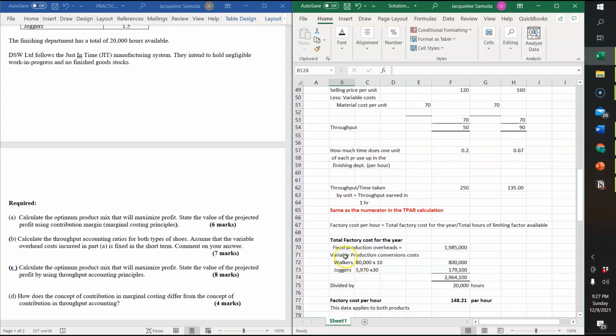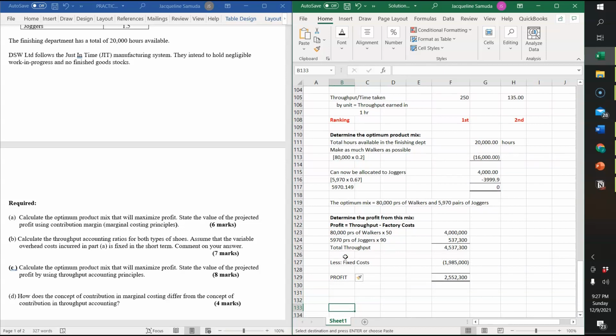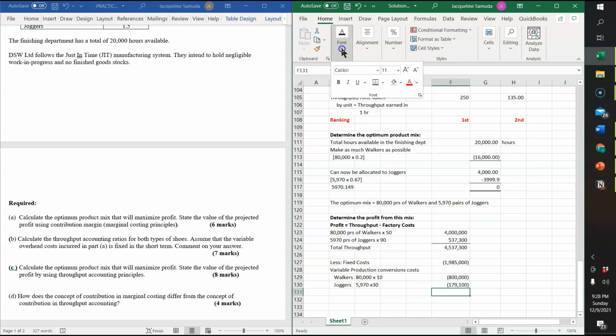Here it is. So we're going to borrow this. So we're going to change this to a minus. And change this to a minus. And we're going to end up with our new profit.